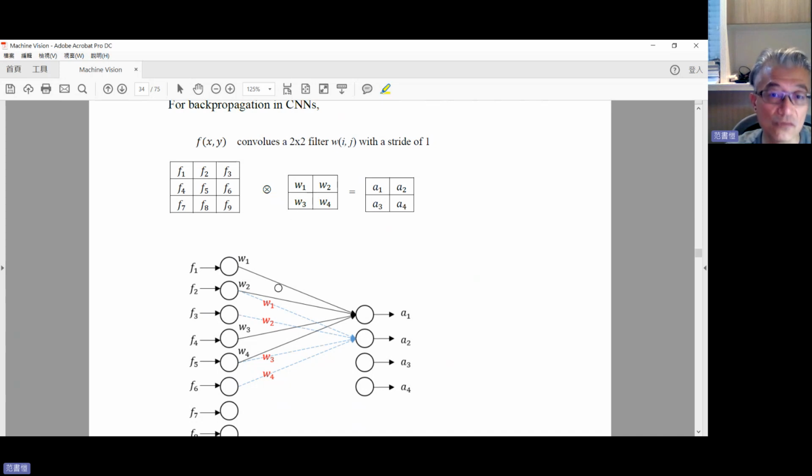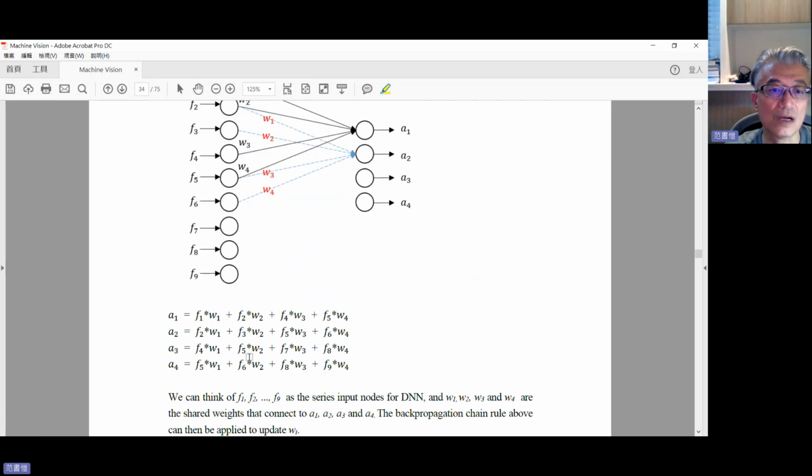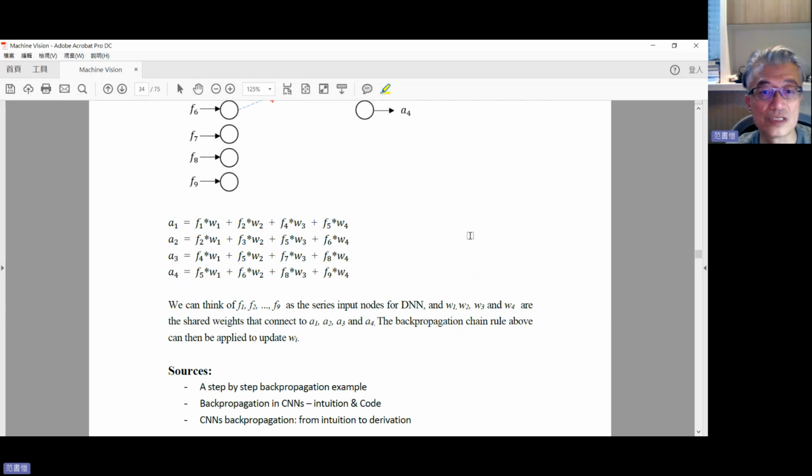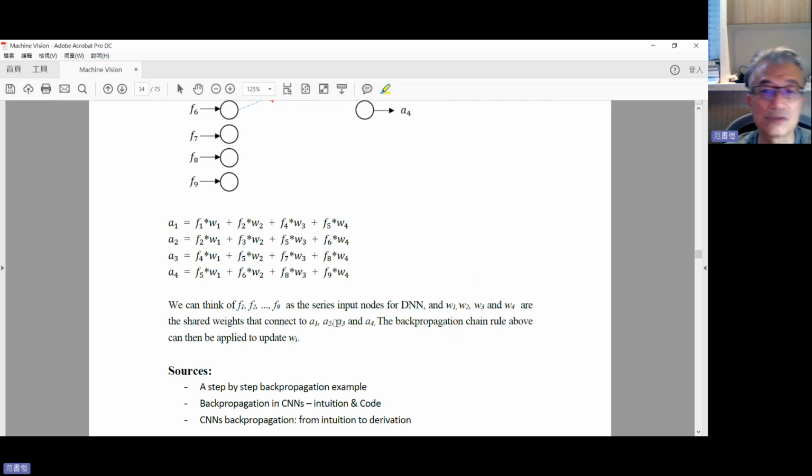So we just convolve them to produce A1. This is A2, this is A3, and A4. So this is how the A's are computed based upon the linear combination.